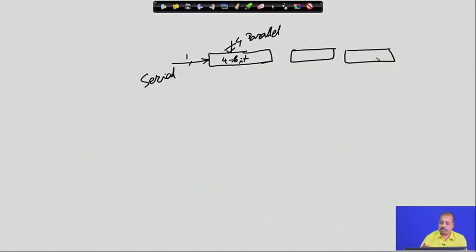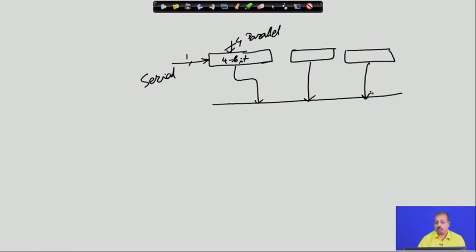Now, I need their outputs to come onto a common line which we call a bus. So, their outputs are connected to the bus. At any point of time I may want the output of only one register to be available and the others not.